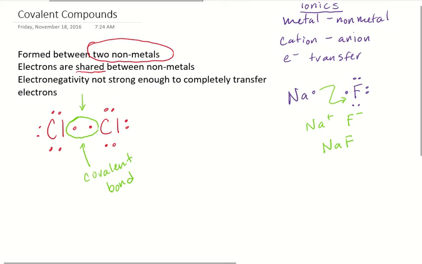When you have electronegativities that have really large differences, such as a metal and a nonmetal, you guys have seen this on tests, metals have low electronegativities. Nonmetals have high electronegativities.